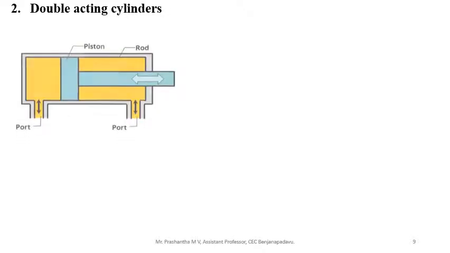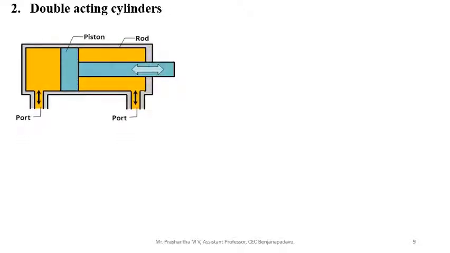Next, second classification, double acting cylinders. As the name implies, the cylinder has two ports. During extension, one port acts as inlet, another port acts as outlet, and during retraction, again the ports will change, which we will come to know by the diagram.